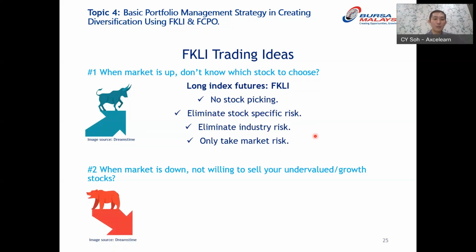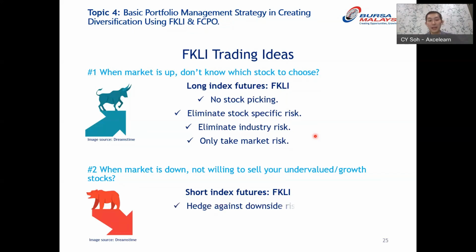I understand you might be doing value investing or investing in undervalued or even growth stocks. You can use FKLI as well, because you want to hold your stocks, right? And you strongly believe that the stocks you're holding are undervalued or have high growth potential. It's okay. But when the general stock market goes down, your stock portfolio comes down also, right? So how are you going to protect your stock portfolio value?